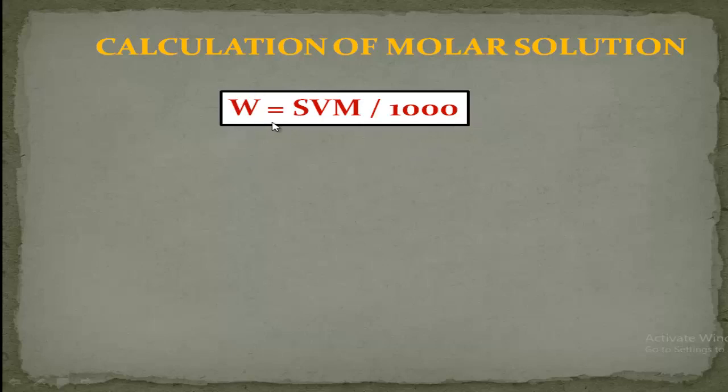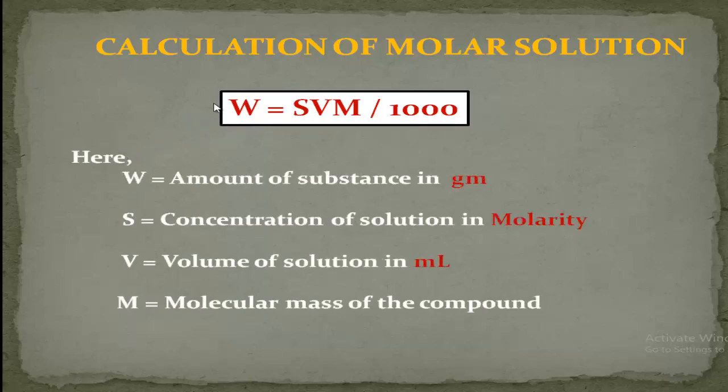So you have to remember this formula perfectly. Here W = SVM / 1000. Now we will learn what these letters stand for. W expresses the amount of substance in gram, and S is the concentration of the solution in molarity.